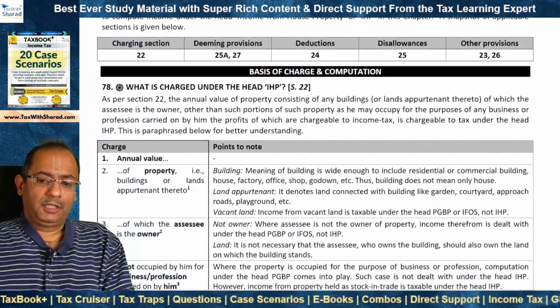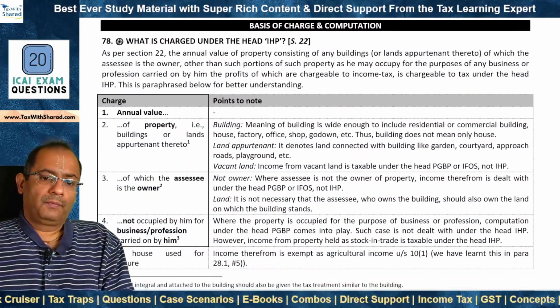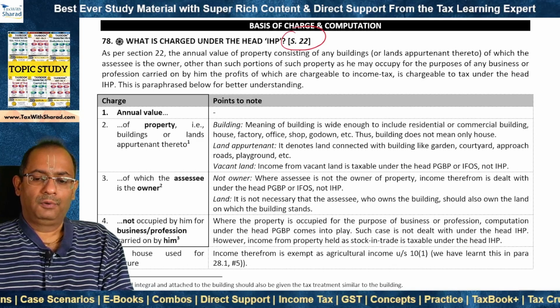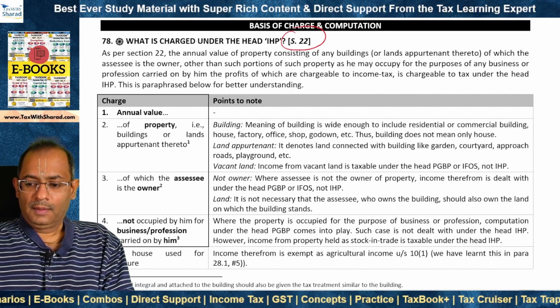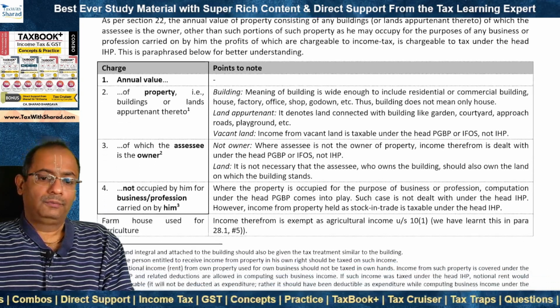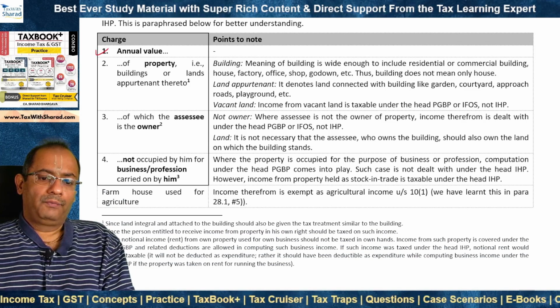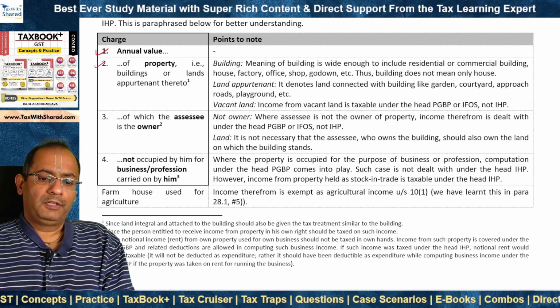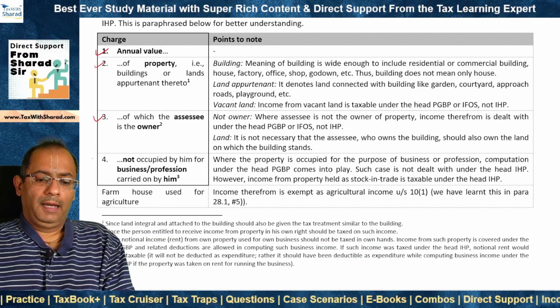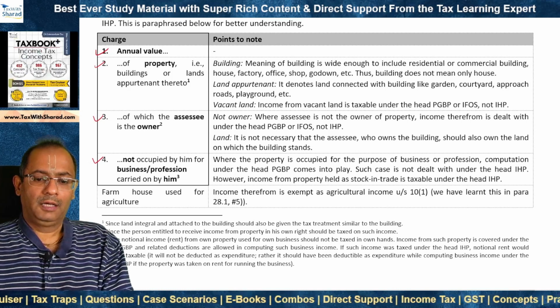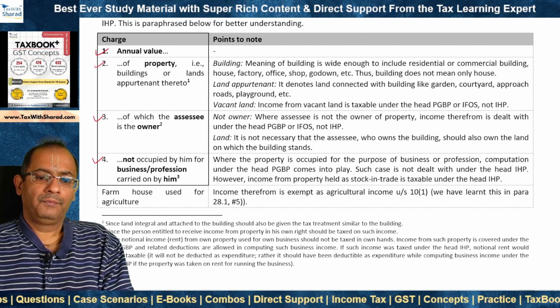Now, the charging section is section 22. And we now look at what is charged under the head IHP, and this is provided by section 22. As per section 22, the annual value of a property of which the assessee is the owner and which is not occupied by him for business or profession carried on by him is chargeable to tax under the head IHP.